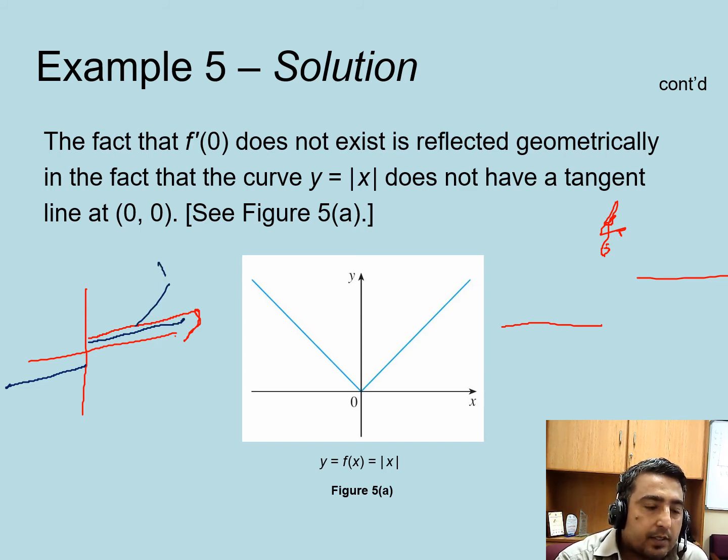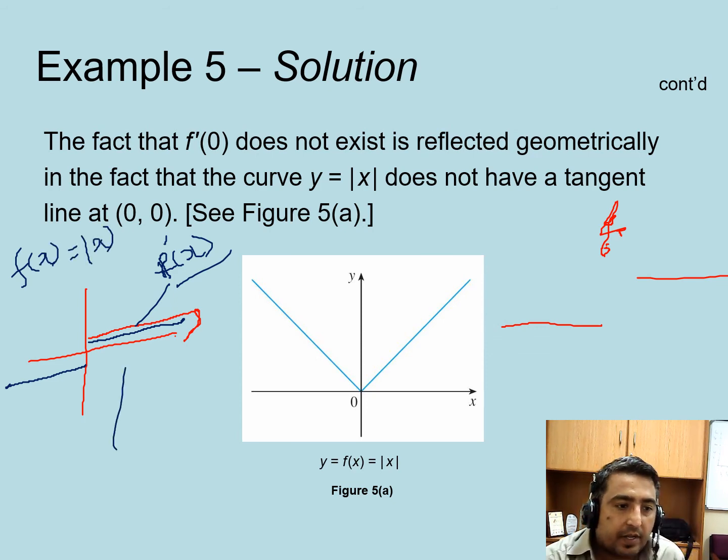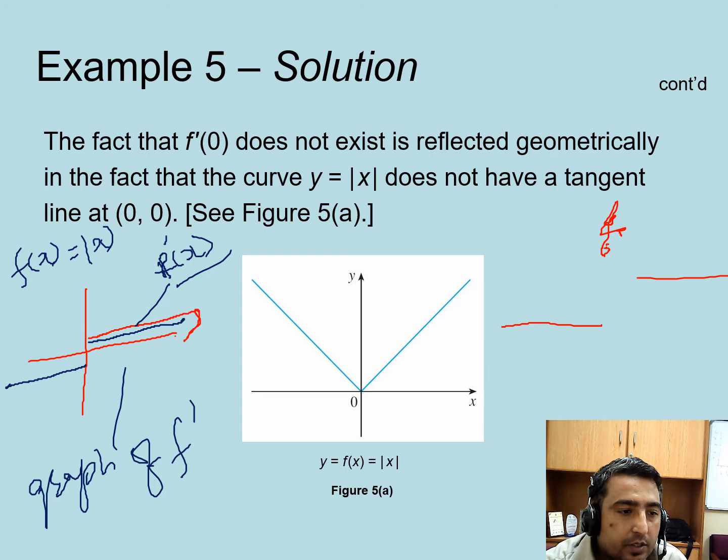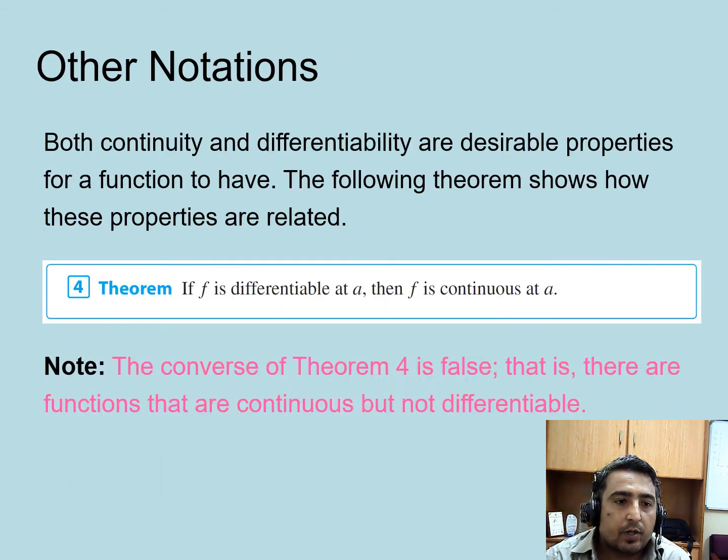These blue lines are the graph of f prime of x, where f is this modulus. So this is the graph of f prime, and it is not defined at 0. There is a hollow point around this point, so at 0 it is not defined. I hope it is clear. If not, then just read the handouts where it is explained already.